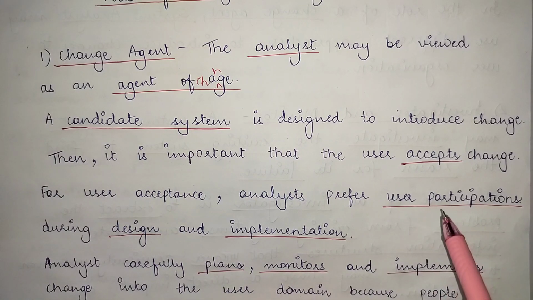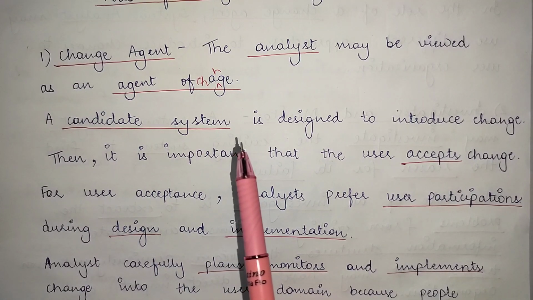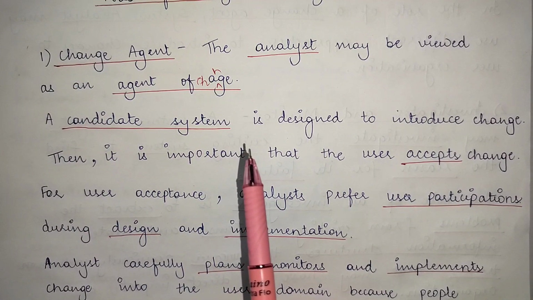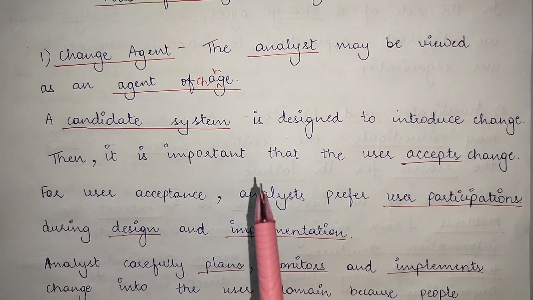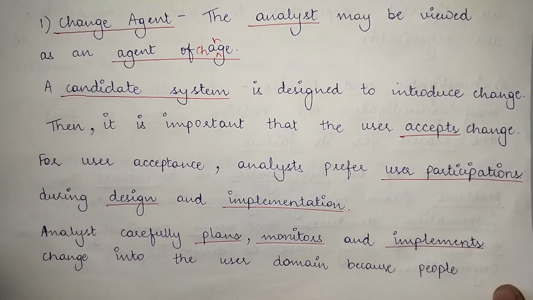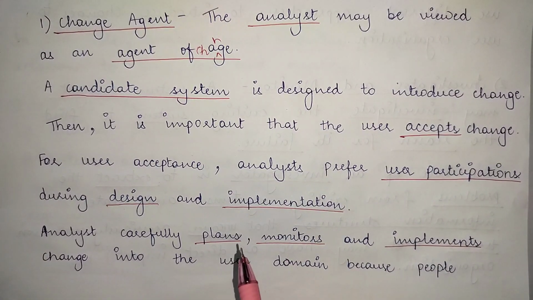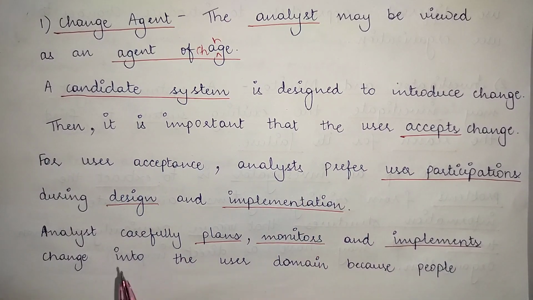The more the users participate, the more involved they will feel in the information system, the more they will feel that they are a part of that system, and psychologically they will start accepting that candidate system. So an easier approach is to start involving them from the design phase itself and in the implementation phase so that they accept it easily.